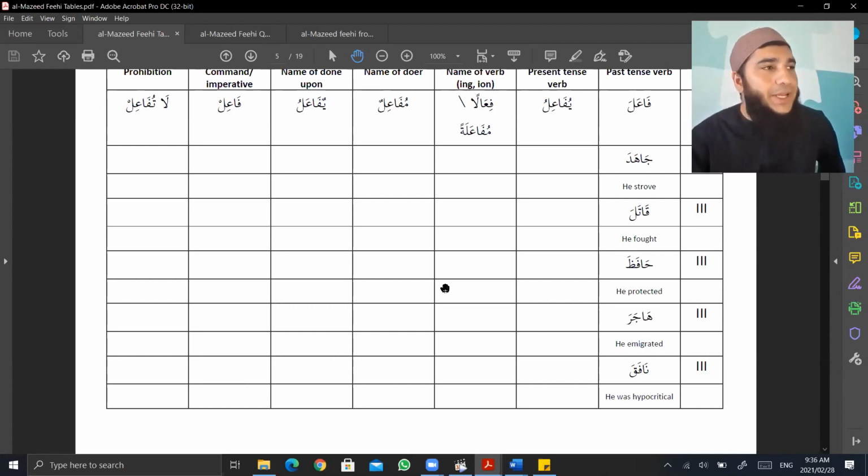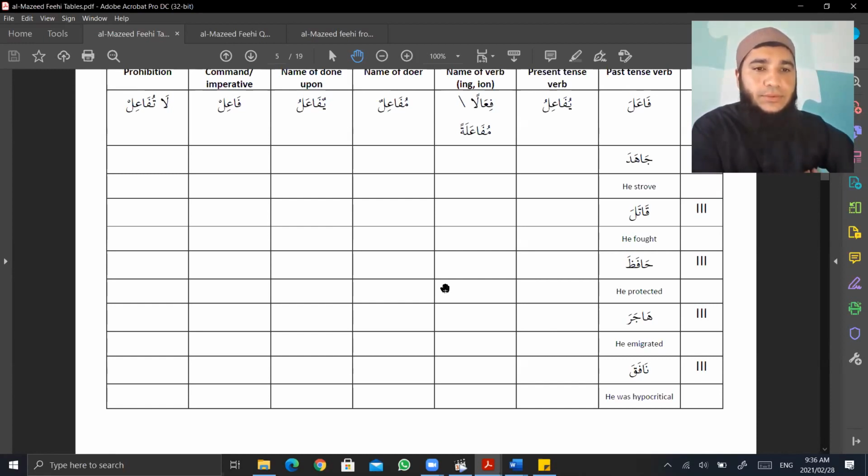Whereas in qatala, I may say qatalahu, which means he fought him. Now, the active person, the person that I'm speaking about, yes, he's actively fighting against the other person. But just by my verb form that I'm using, it almost implies that the other person was reciprocating.